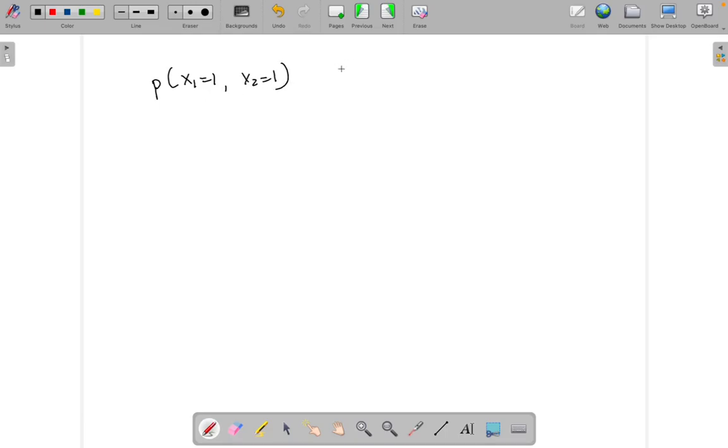I really need the joint probability here. You could use other combinations as well. And I want to show, is this equal to the probability that x1 is equal to 1 times the probability that x2 is equal to 1?